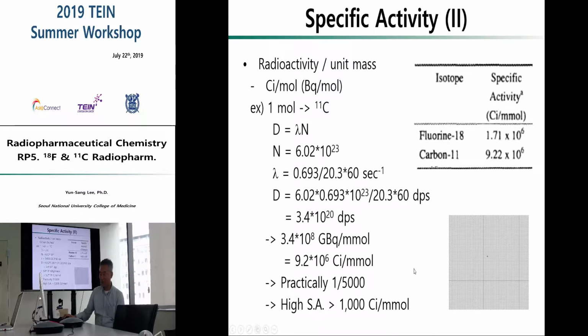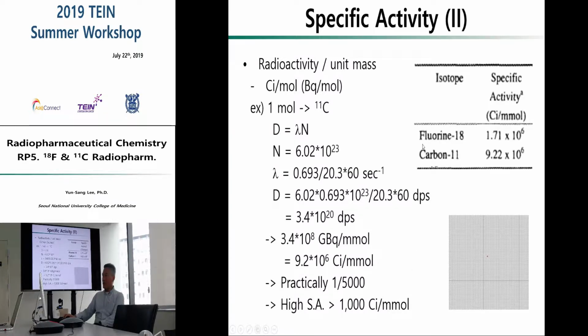Normally practical means 1 in 1,000 molecules, and we call high molar activity 1,000 curie per millimole. If you get more than 1,000 curie per millimole, we call that a high specific activity.